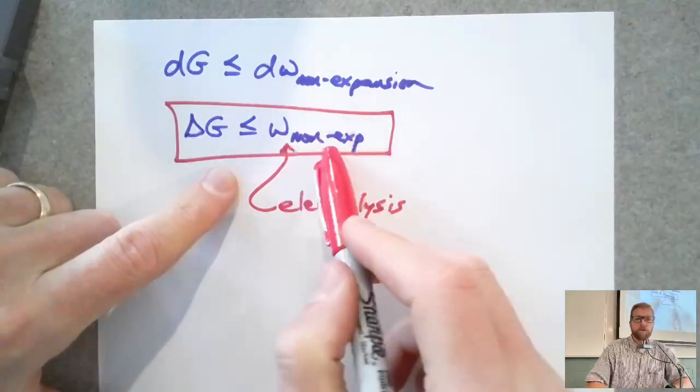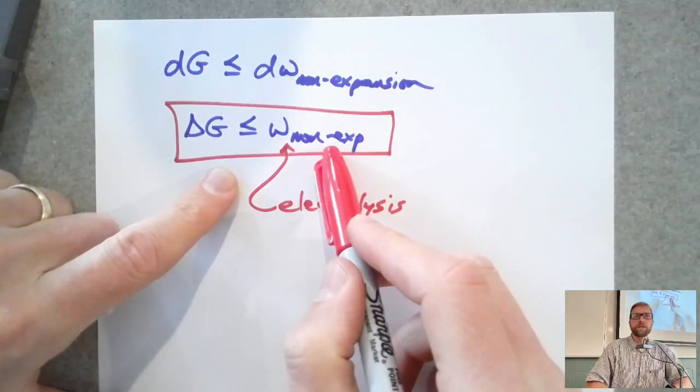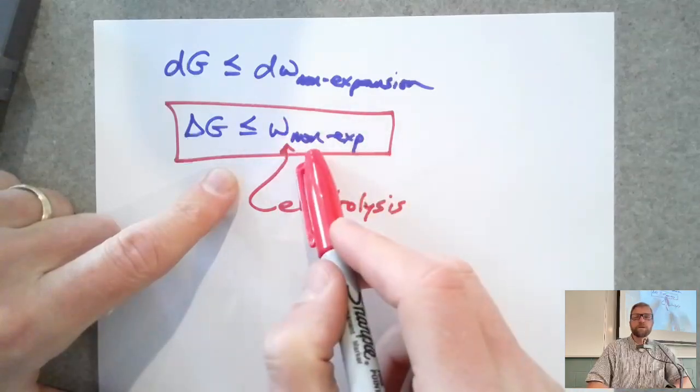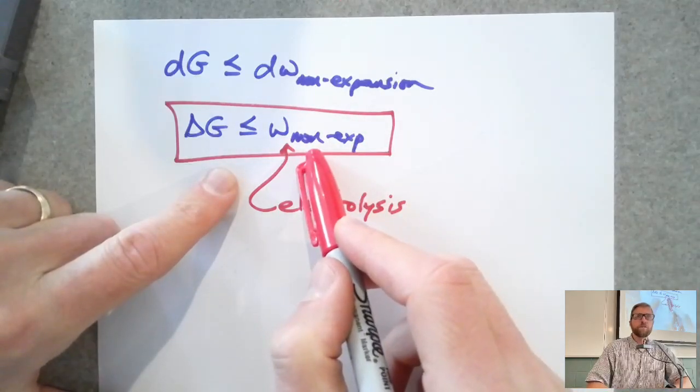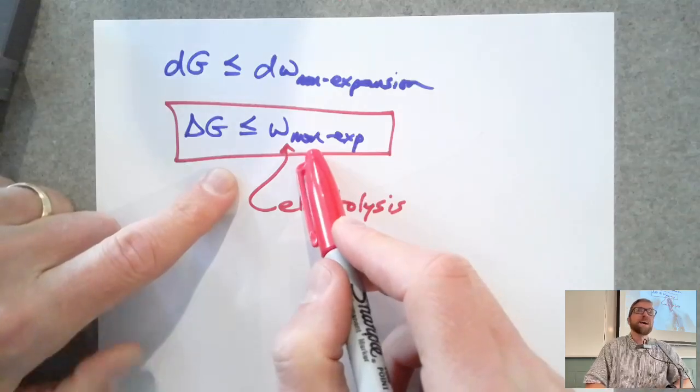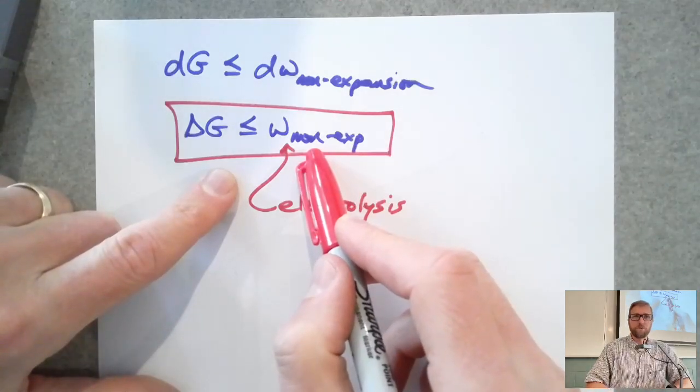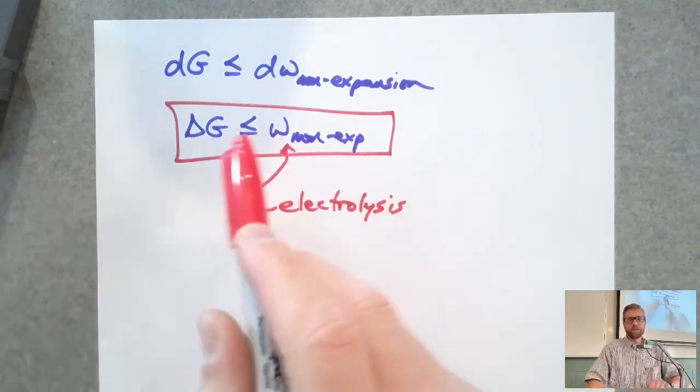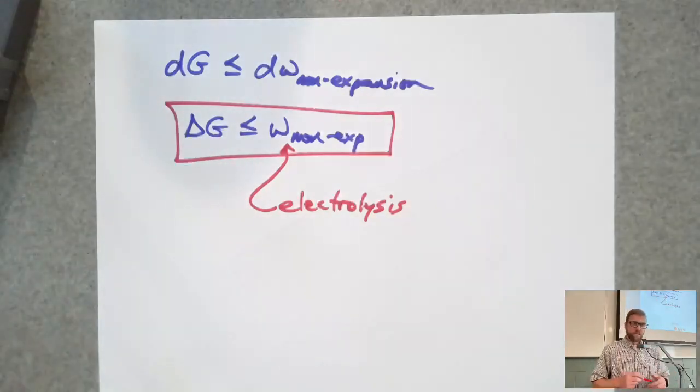0 doesn't belong over here. The reason why we typically put 0 over here is because we want to know how much work we can get out of it. We calculate delta G's to determine how much work we can get out of it, or how much work we have to put into it in order to make the process spontaneous.